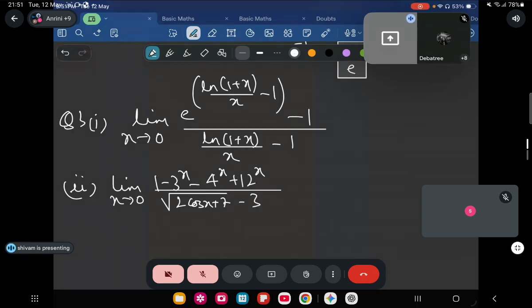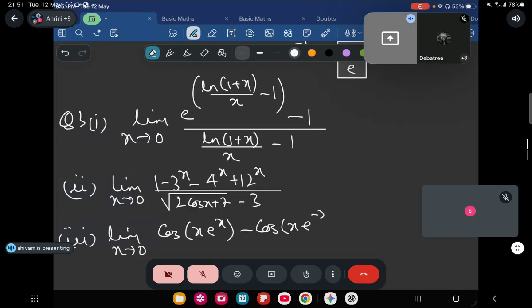These types of questions have been repeated in the past in Mains and WBJEE as well. Limit x tends to 0, cos(x e to the power x) minus cos(x e to the power minus x), the whole thing divided by x cubed. Solve.